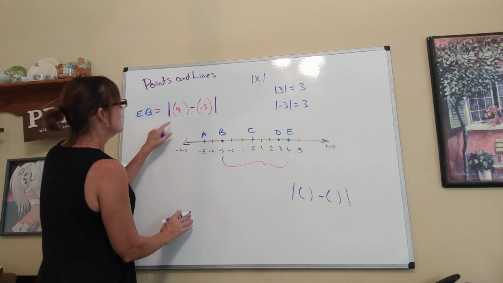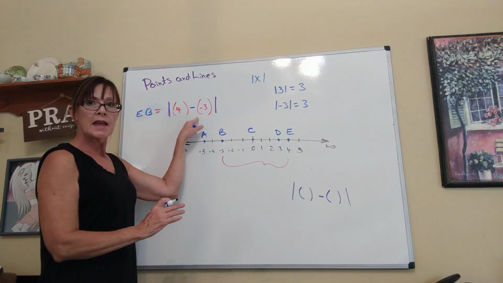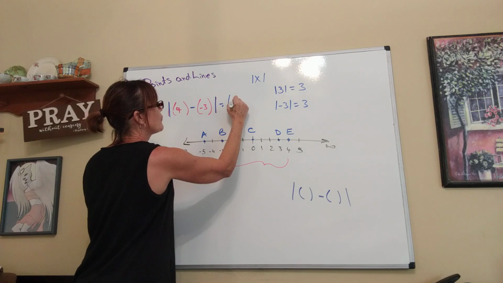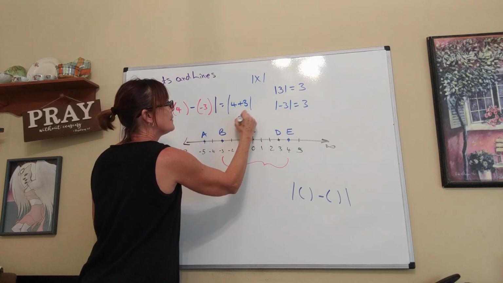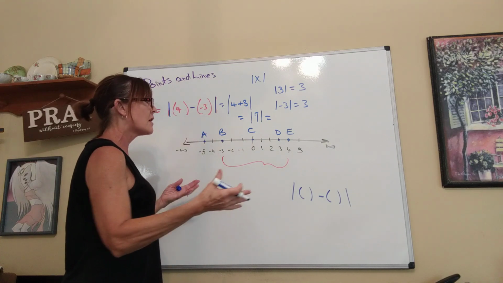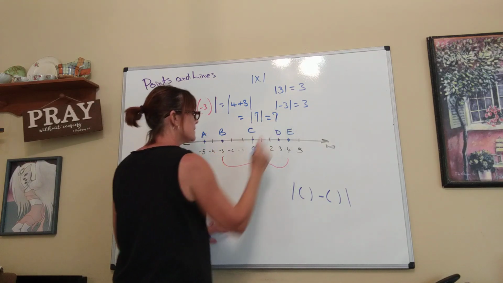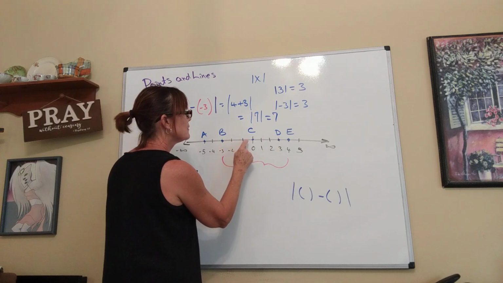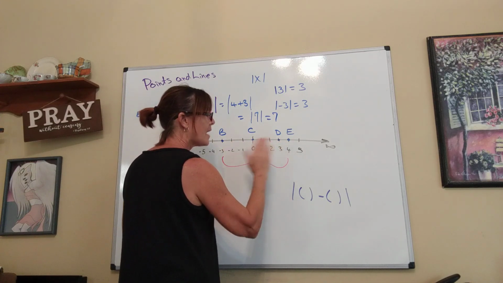So 4 minus negative 3 is a double negative, so this becomes the absolute value of 4 plus 3. So that becomes the absolute value of 7. And how far is 7 from 0? It is 7. So if we were to count from B to E, we go 1, 2, 3, 4, 5, 6, 7, and that works.